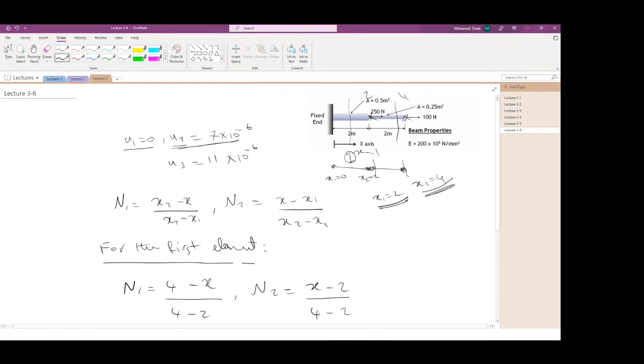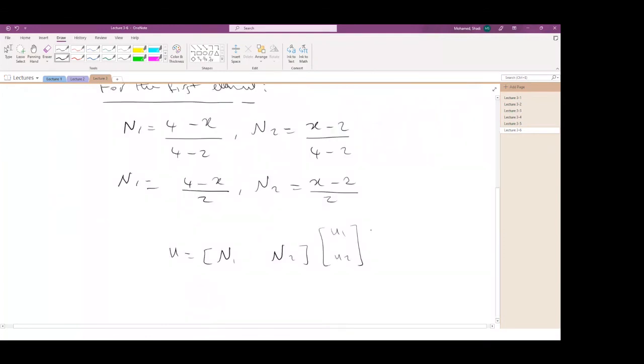And the displacement at this node, the second local node, is equal to the global displacement u3. So I have 7 times 10 to the power minus 6 and 11 times 10 to the power minus 6 replacing u1 and u2.